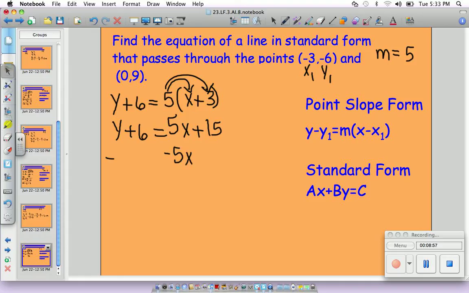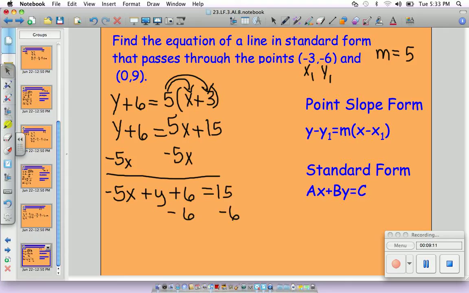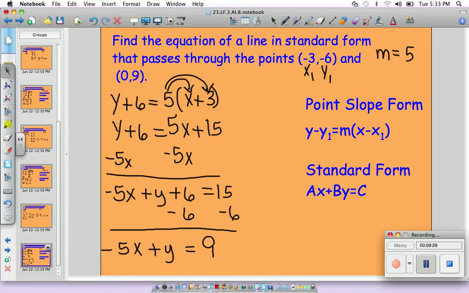I'm going to subtract 5x from each side because I want this arranged in standard form. So I'm going to have negative 5x plus y plus 6 is equal to 15. Then I'm going to subtract 6 from each side. Negative 5x plus y equals 9. I have it in standard form. I have the x term, the y term, the equal sign, and the constant.